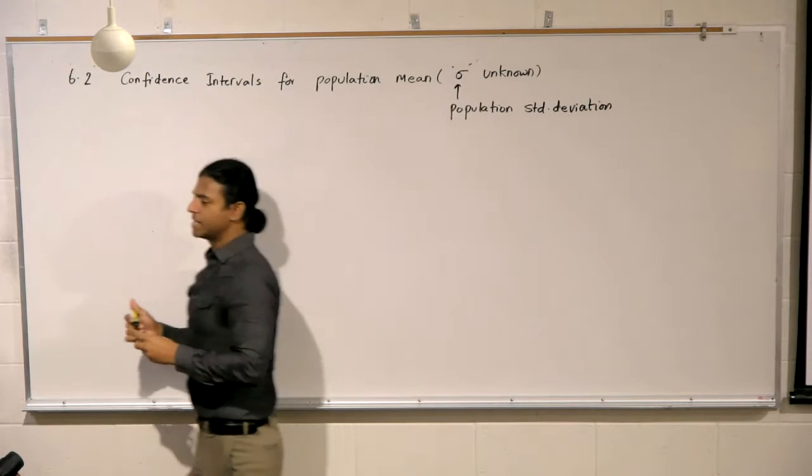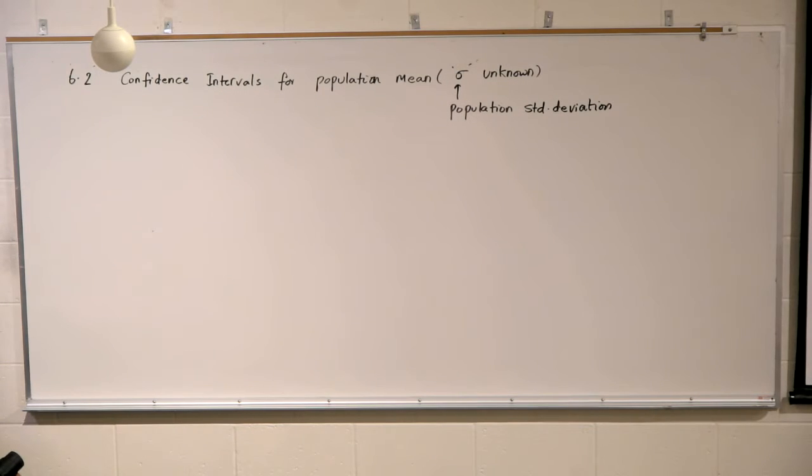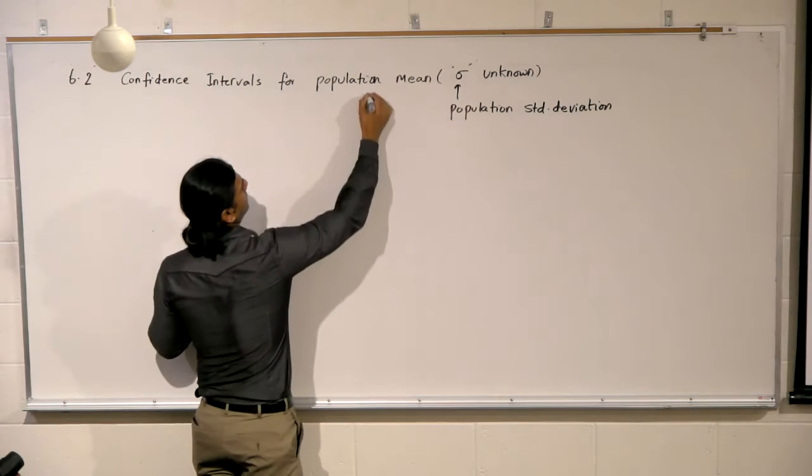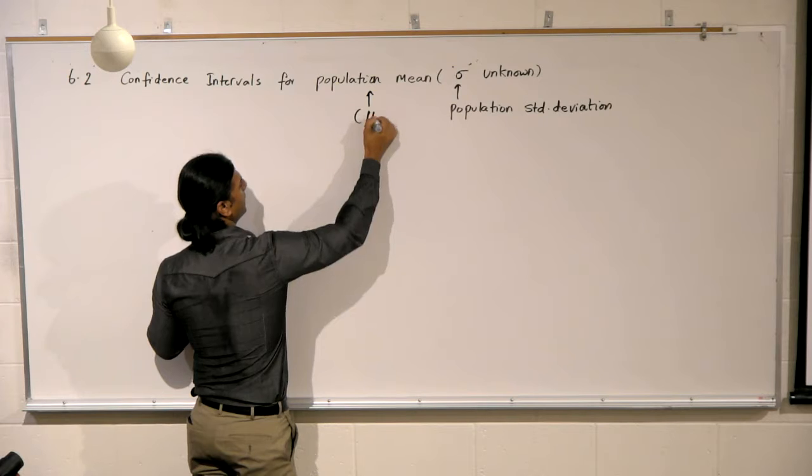We always rely on the sample to give us the standard deviation. So 6.2 is more important in practice than 6.1. It's a rare case. The notation for population mean is mu.